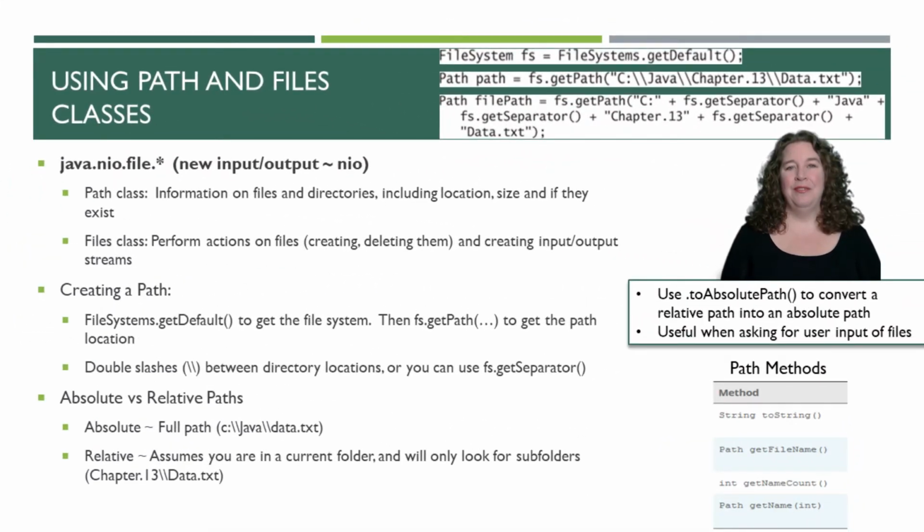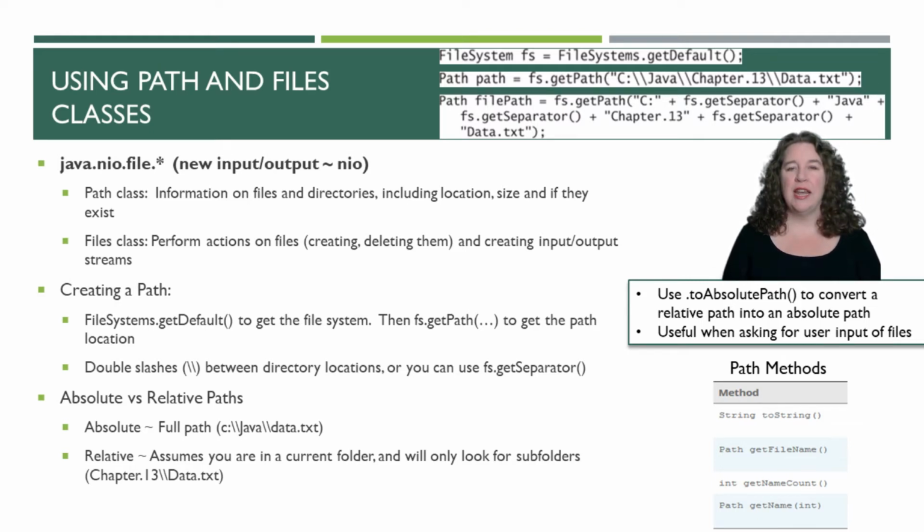When we have path and file classes, in Java, we refer to our classes as either a file class or a path class, and they can tell us different pieces of information. We also have a file systems class that tells us things about the file system. So a couple of different classes that we're going to be using. Most of these exist inside of the Java new input output, or NIO, and then file.